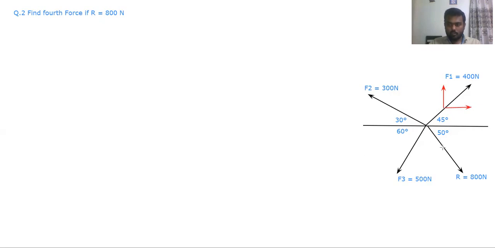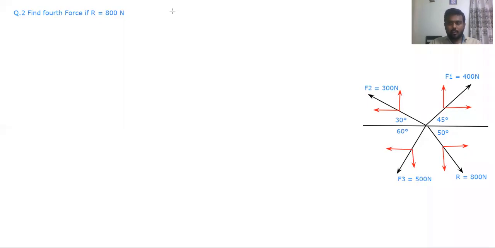Similarly for the resultant, in this direction one force will act downward. Similarly one component upward, one component this side. Similarly for this, one component will act in this direction and one component will act downward. So these are the resolutions for all the forces.